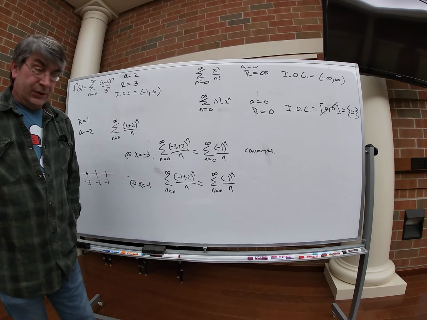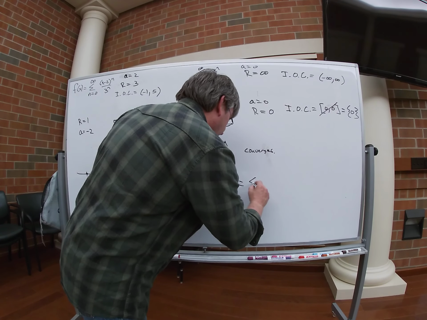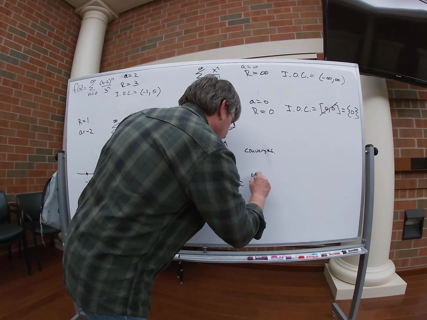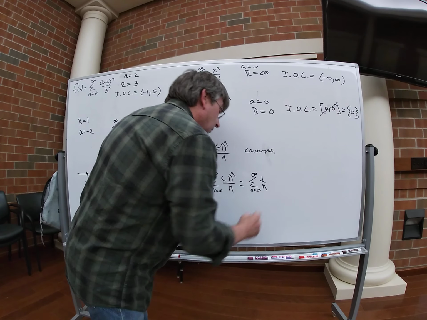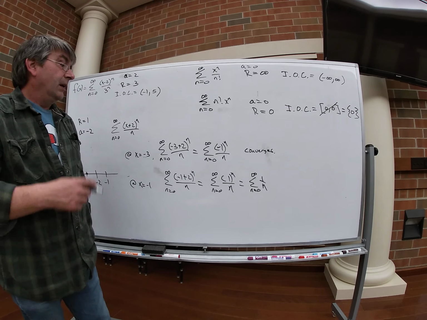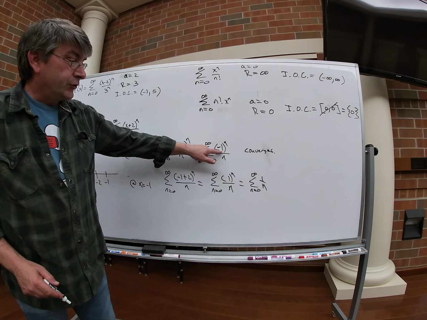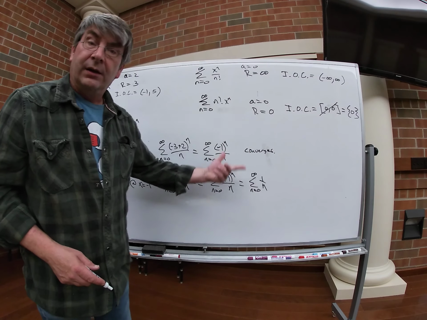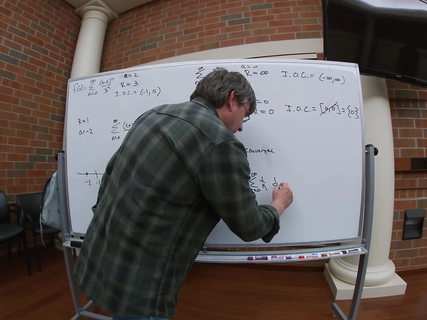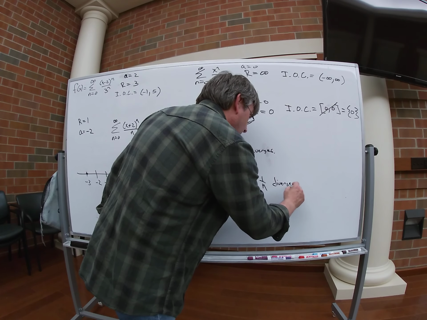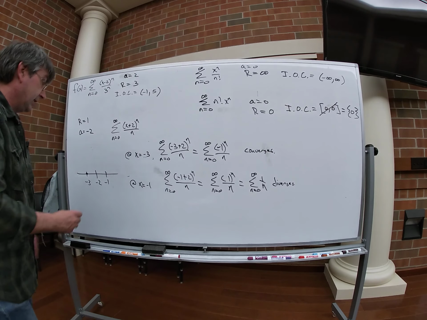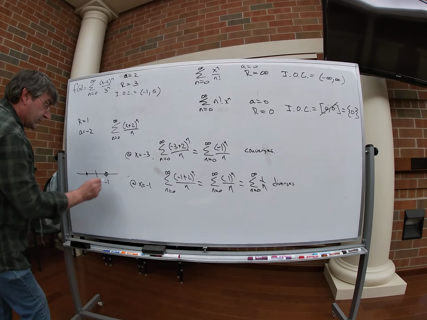But +1 to the n is just 1, so this is just the sum of 1 over n. But that's the harmonic series, right? This is alternating harmonic, this is harmonic. The harmonic series diverges. So here we get divergence at -1. I'll put an open circle there.